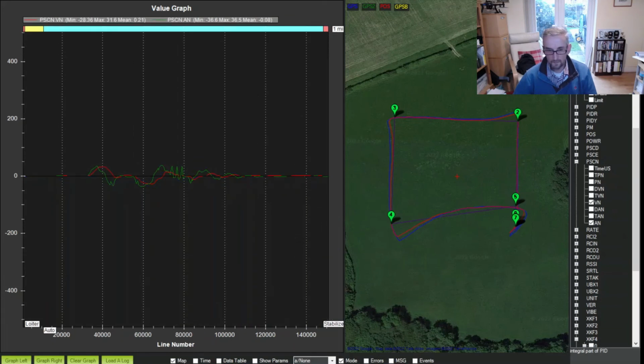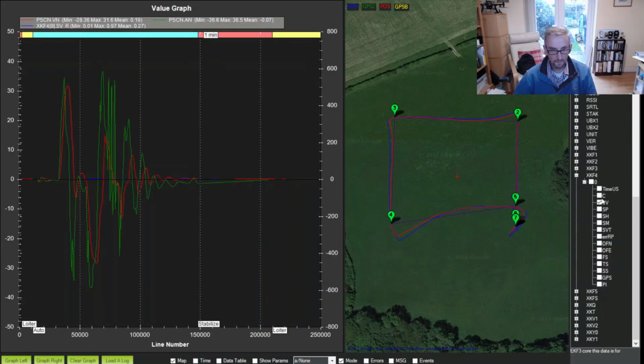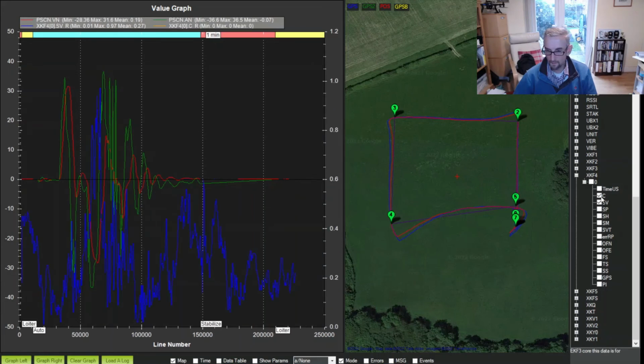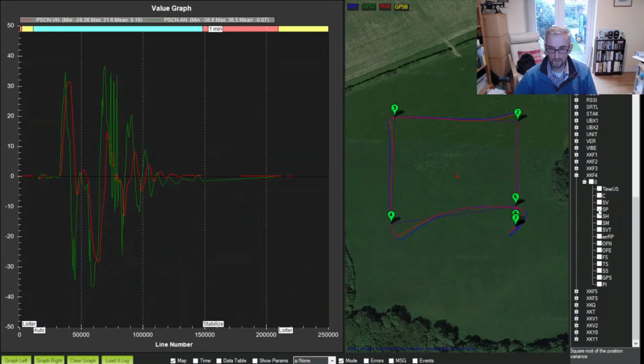Let's have a look at the EKF again. Velocity variance is again quite high on these legs. Position variance is again not too bad.